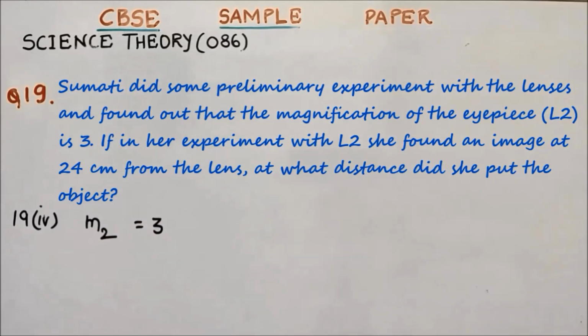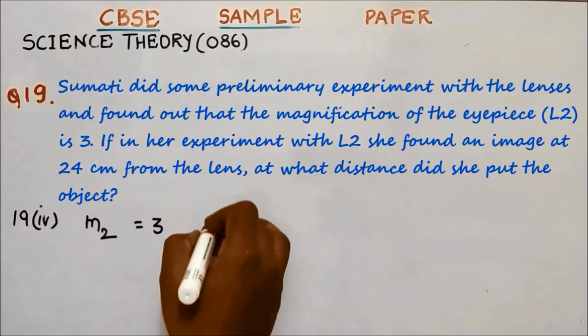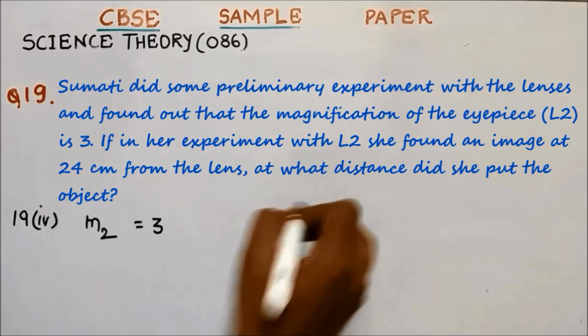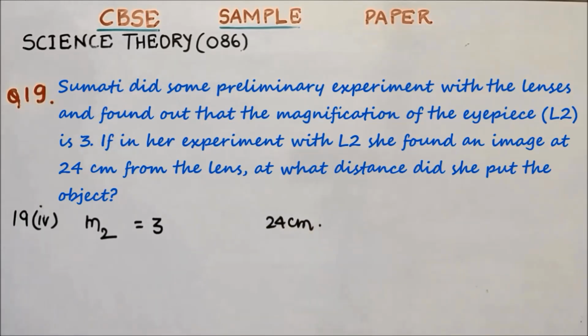And in her experiment with L2 she found that the image is at 24 centimeter from the lens. At what distance did she put the object?